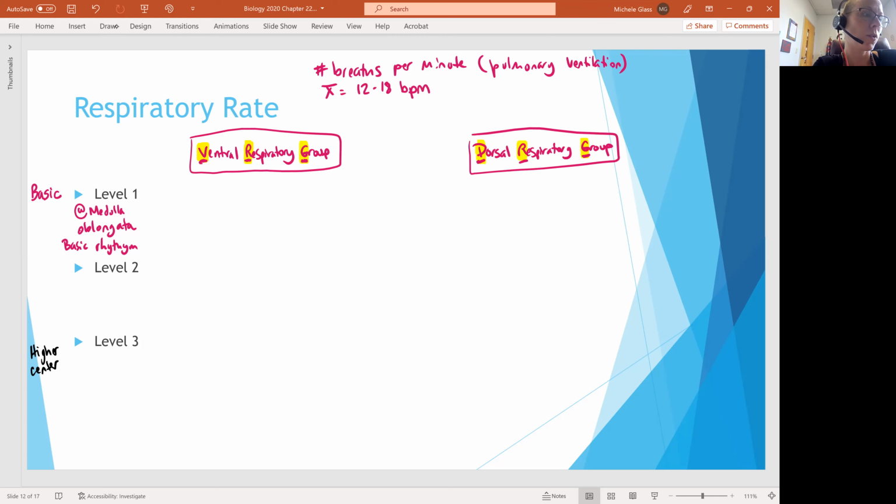The dorsal respiratory group, the DRG, is going to stimulate your primary inspiratory muscles. Hey, y'all, that's your diaphragm and your external intercostals. This is your inhale.